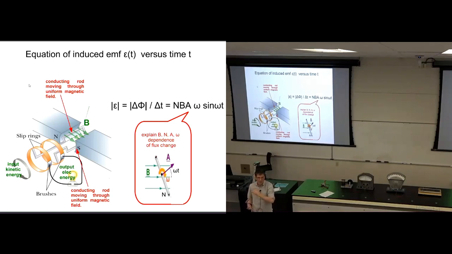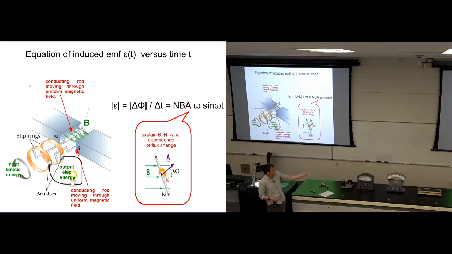Without v, we don't generate anything. In this case, the key ingredient is that we're rotating the loop of wire. That's the omega, the angular velocity, in radians per second. The faster we turn it, the greater the angular speed, the greater the induced EMF. So that's the omega here.